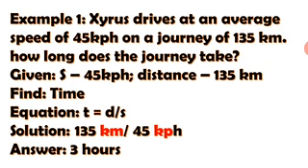So since time is missing, distance divided by speed. So the distance is 135 divided by the speed, which is 45. So 135 divided by 45 is 3. Since the question is time, the unit is hours. Okay, 3 hours.